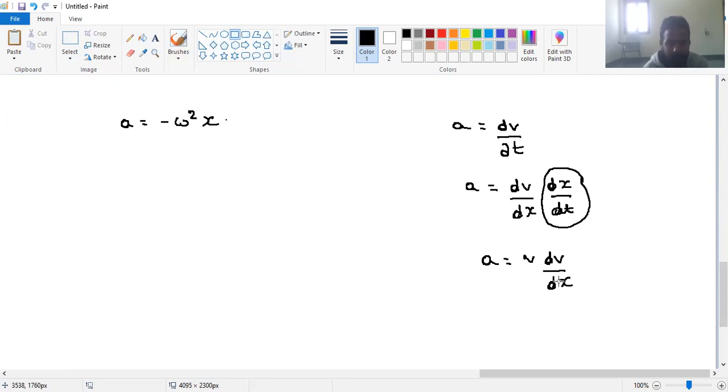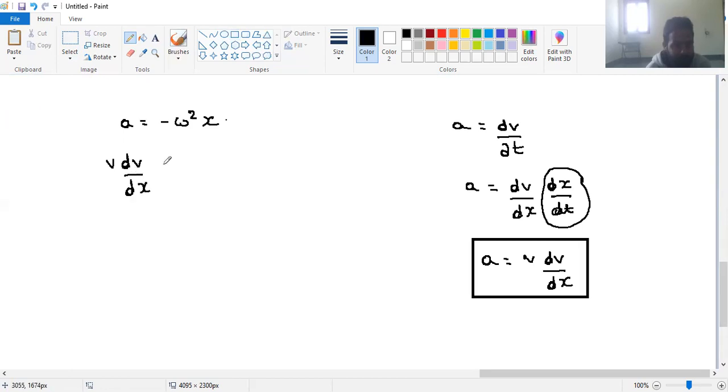So if I take this equation, v into dv by dx is equal to minus omega square x. Integrate on both sides.